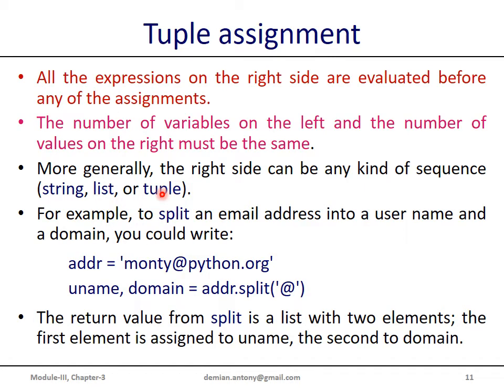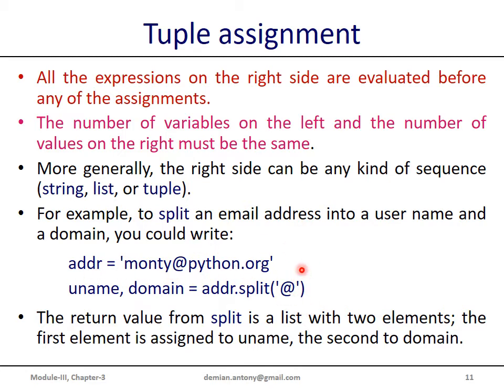Let's take up one more example of creating a tuple of variables. Let's say we have an email address. An email address normally contains two parts. One is the username and the second one is the domain name, and these two parts are separated with the symbol at.